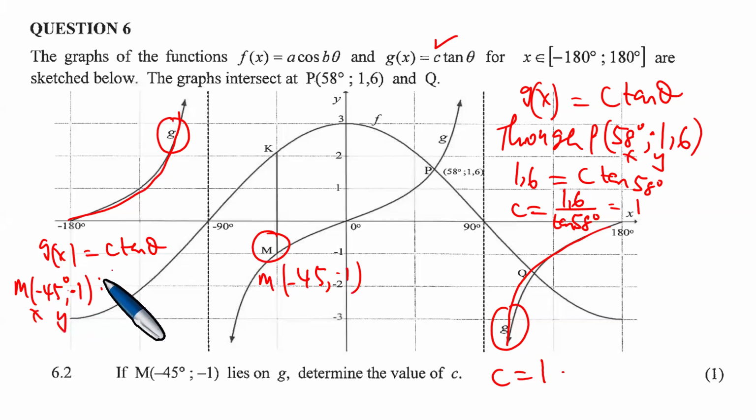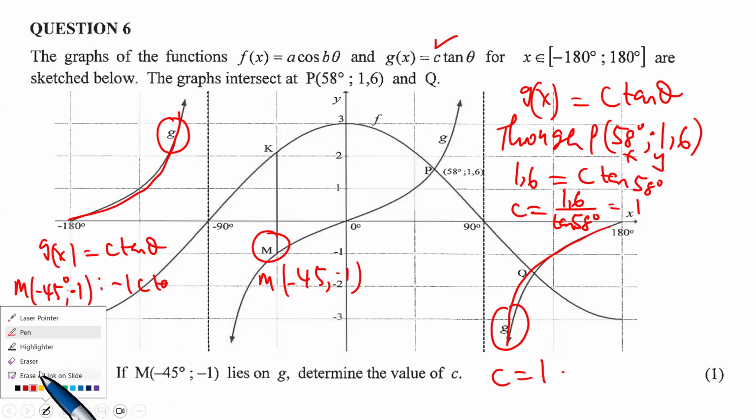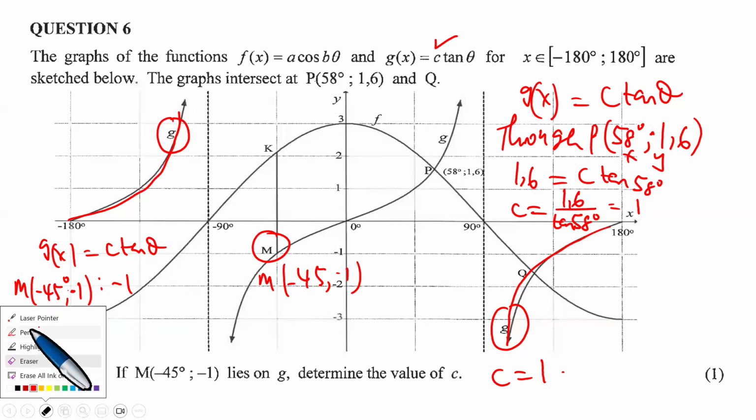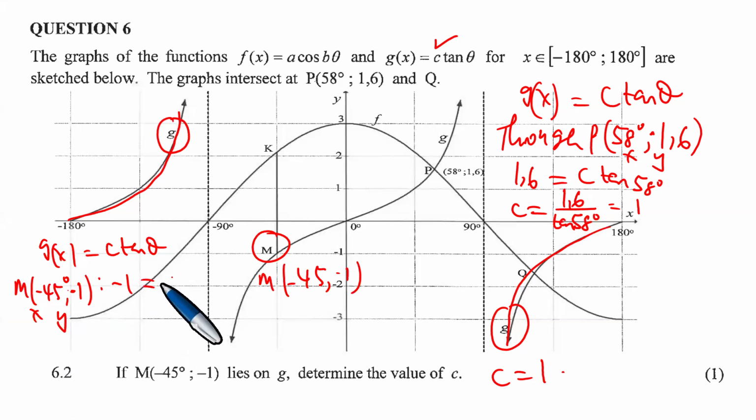So y is equal to minus 1, and you have c times the tangent of minus 45 degrees. So we have minus 1 equals c times the tangent of minus 45, which is minus 1, so that c is 1.